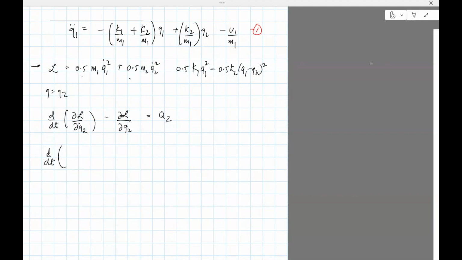There's only one term here which has Q2 dot, and that's this term. So the derivative of that would be 2 times Q2 dot, minus dL dQ2. We see that the only term which has Q2 is the last term. So this is a negative. So negative 0.5 K2 2 times Q1 minus Q2. And then I need to take the derivative of Q2, which is negative 1.